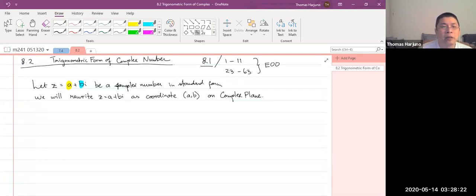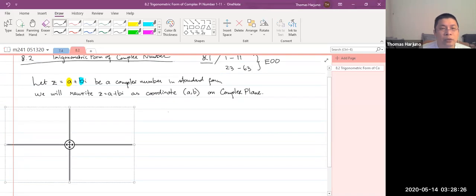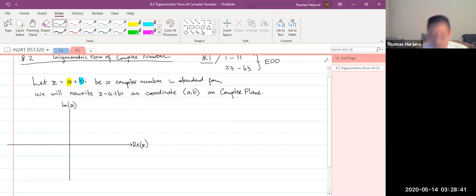The complex plane is as follows. It's just like a rectangular coordinate system, but instead of calling this x, they call it the real component of a complex number, and this the imaginary component. Now (a, b) will be presented as a coordinate (a, b), okay.